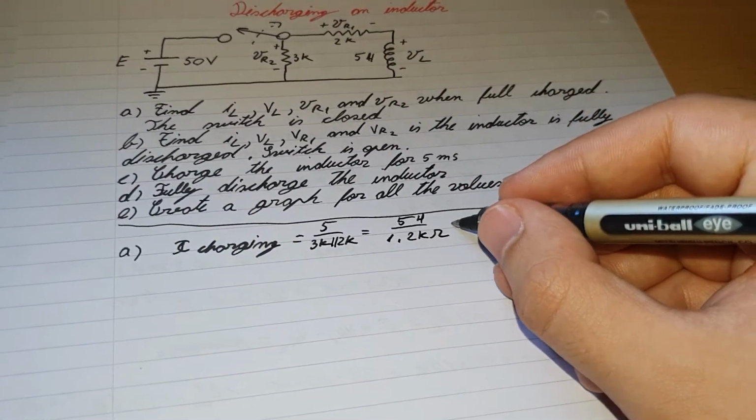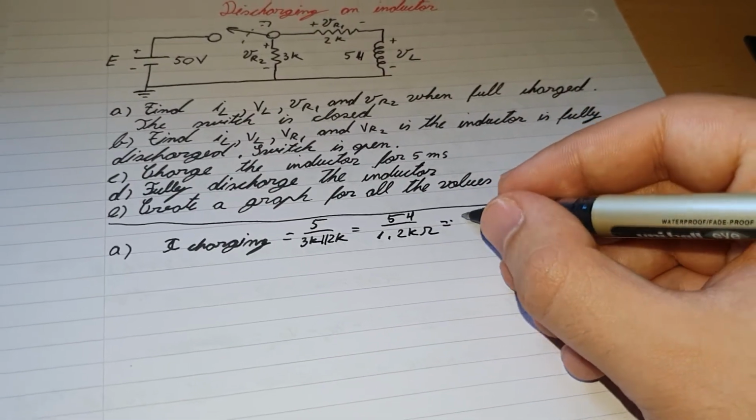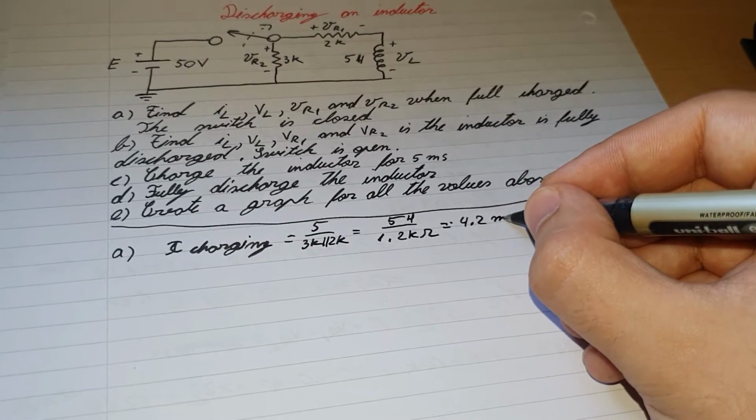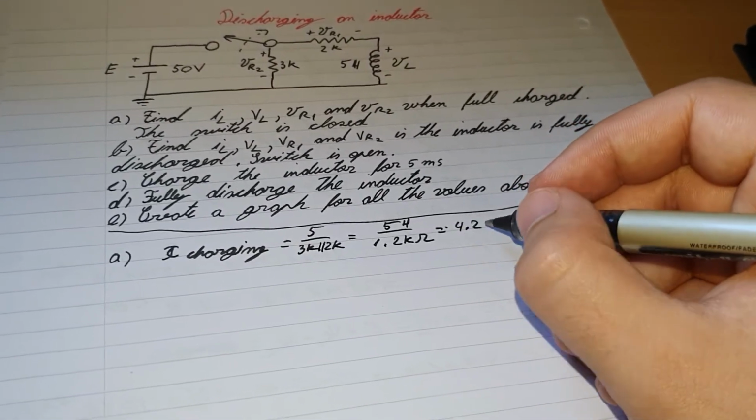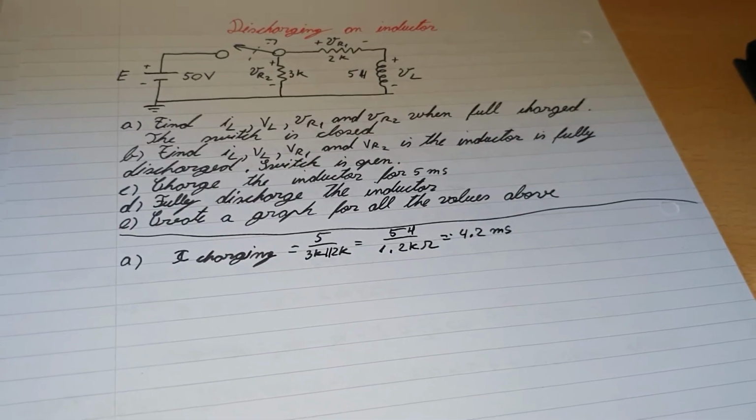There you go. Therefore, tau will be equal to 4.2 milliseconds. So the time constant will be every 4.2 milliseconds. It will be a big change.